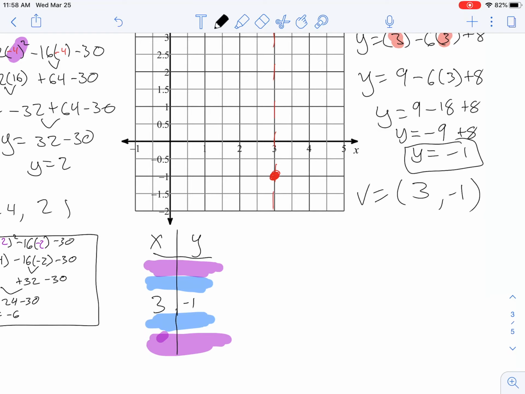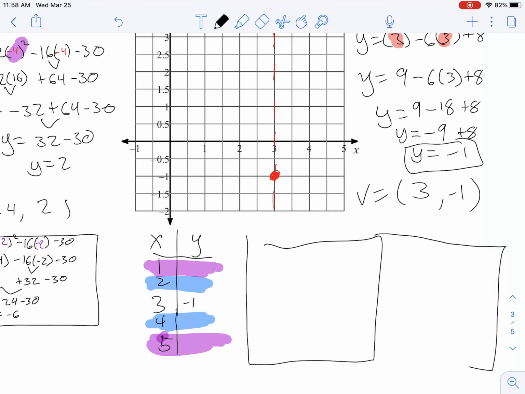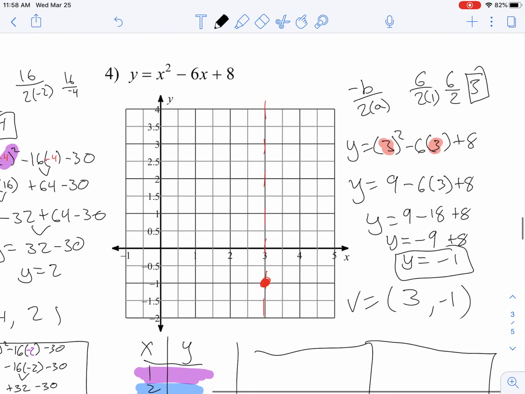So 2 and 1, 4 and 5. Think of a number line, right? And I'm going to organize my work again in these boxes. I think I like this much better than writing it linear, just because it gives me space to work.